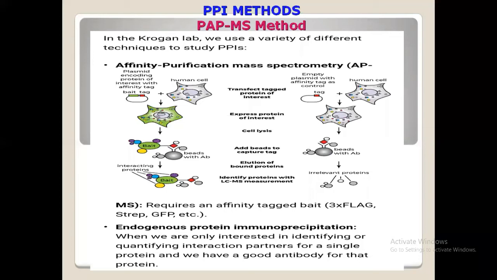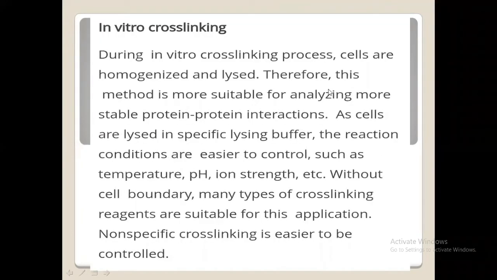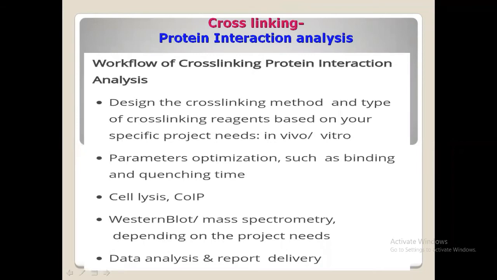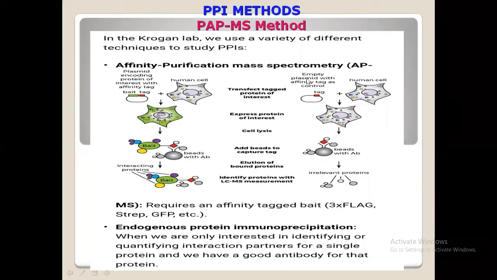In this method, I see that mass spectrometry is involved. Here you can see that the method is affinity purification mass spectrometry, that is APMS. So this is APMS, affinity purification (AP) mass spectrometry (MS).